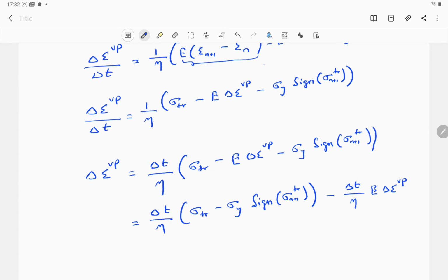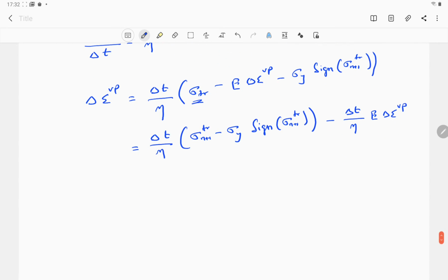Okay, so I made a mistake. So sigma trial, everywhere I have to change. So sigma trial should be like this. Please modify it over here as well as over here.